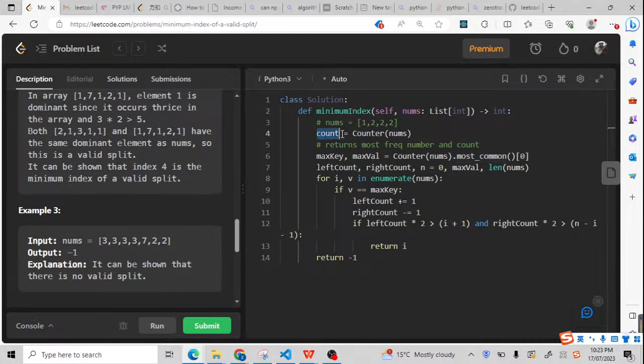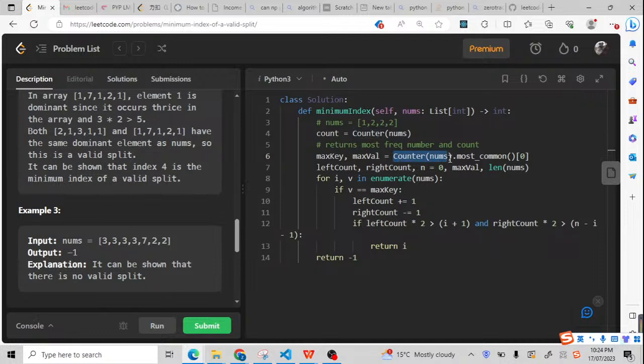So this is the code after cleaning up, it's much cleaner. I need a count as a dictionary. Why do I need this count? Because I need it to get the most frequent number, and I need the key-value pairs. For the max k and max value, we can use the Counter method.